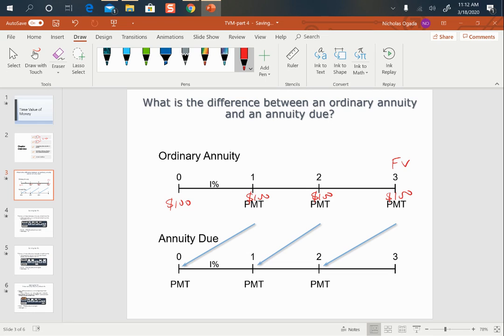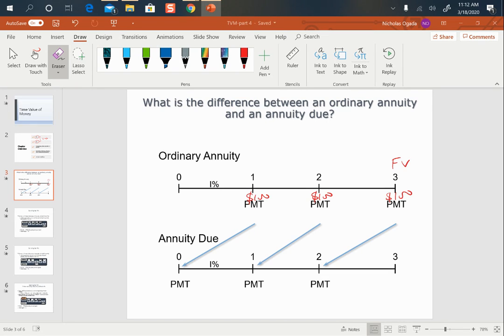Now, depending on the nature of these payments, the payments could be at the beginning of the period, or they could be at the end of the period. If the payments are at the end of the period, for example, you're investing $100 at the end of each year.